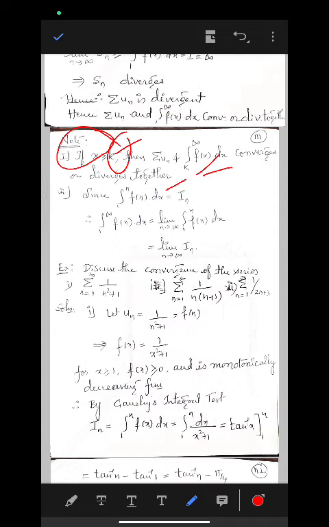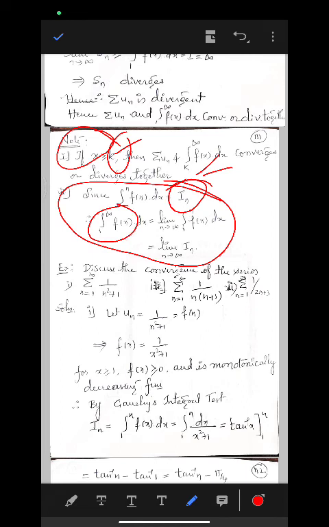Second note. This second note is very important while solving the problem. Since integration over 1 to n f of x dx, I have taken it as In, right? And how we can solve this integral, integration over 1 to infinity f of x dx: it is limit as n tends to infinity of integration over 1 to n f of x dx.